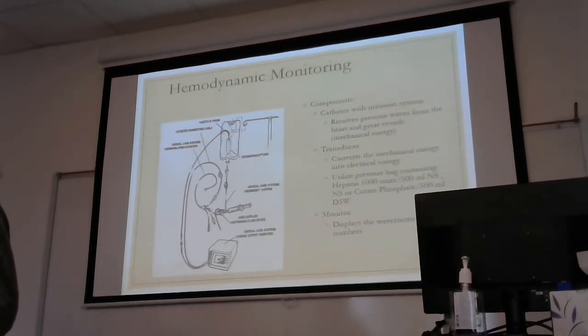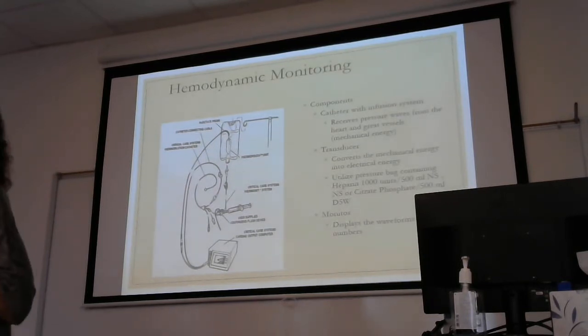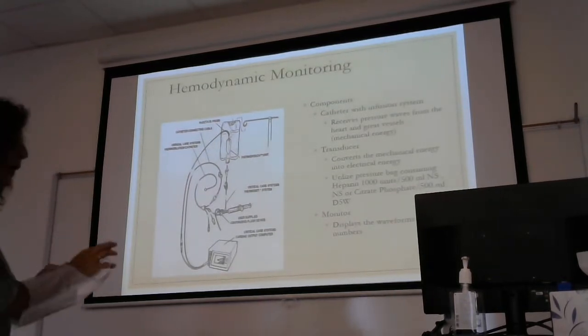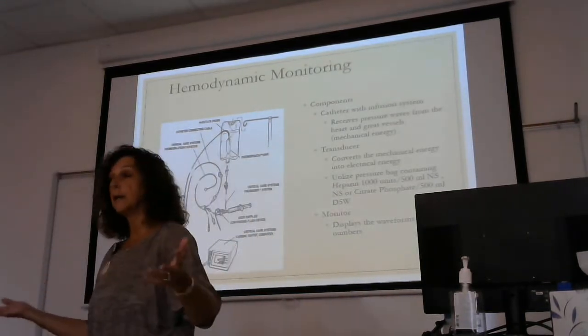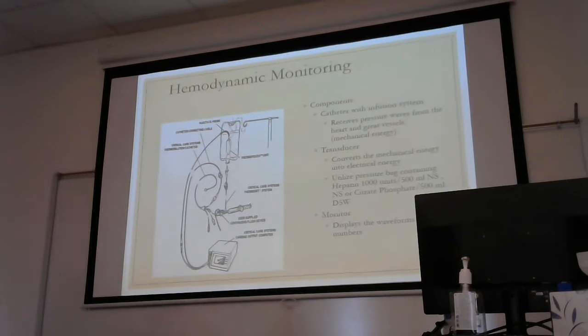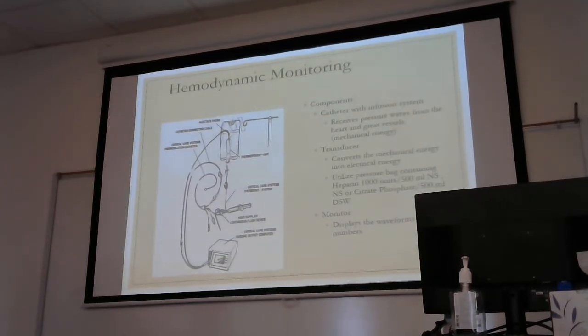Okay? We're going to have a waveform that's going to be produced on the monitor. This is going to be connected to a transducer, which gives us that number. Because what's happening is this. We're in an arterial space, right? Pulmonary artery. Or if it was an A-line. We're in an arterial space. If you were to put an IV inadvertently into an artery, so instead of an IV it becomes an IA, what are you going to notice right away on your flashback?